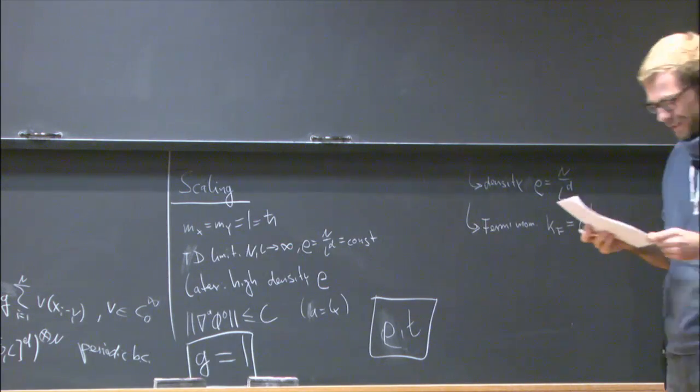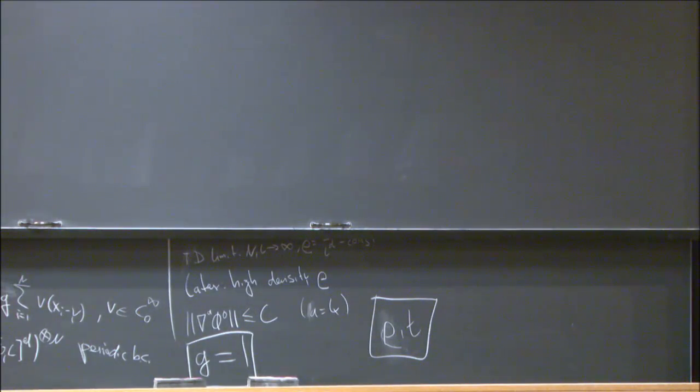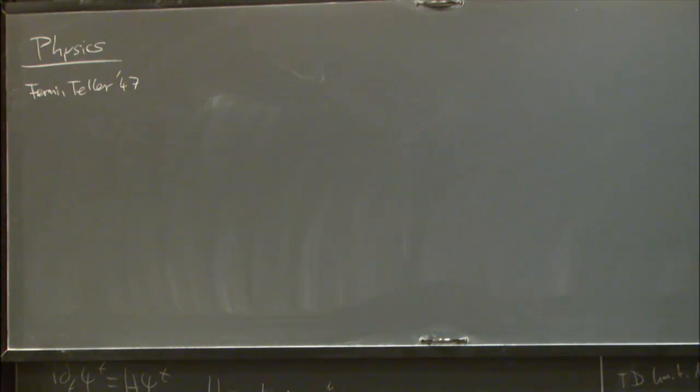So this has actually been an interesting physical question in the 40s and later. There's a paper by Fermi and Teller from 47 where they look at, in a certain regime of a fusion reaction, a very high density electron plasma with a few ions flying through.